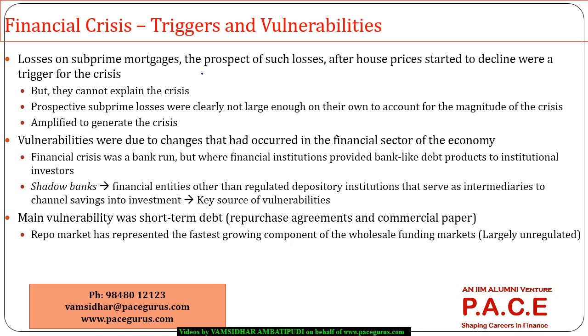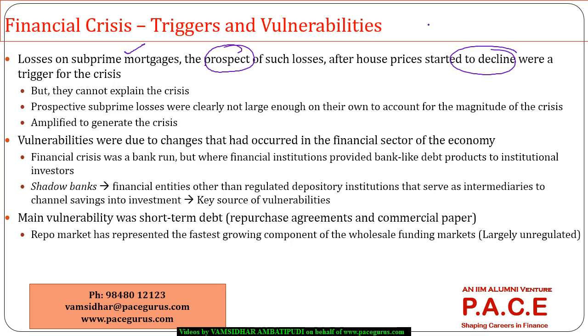Talking about the triggers and vulnerabilities, some of the facts that we already are aware of. Just before the crisis, there were huge losses on subprime mortgages, and those losses or even the prospect of those kind of losses after the housing prices started to decline.